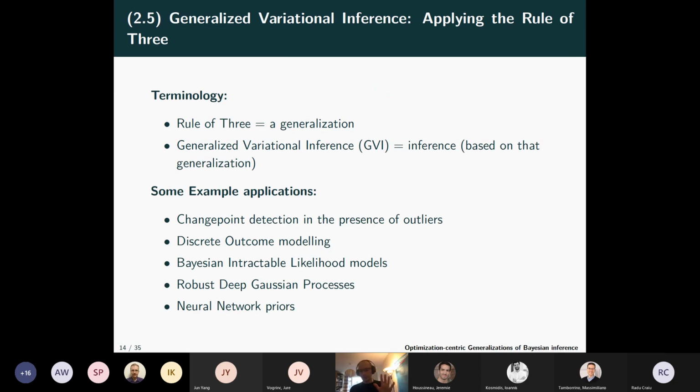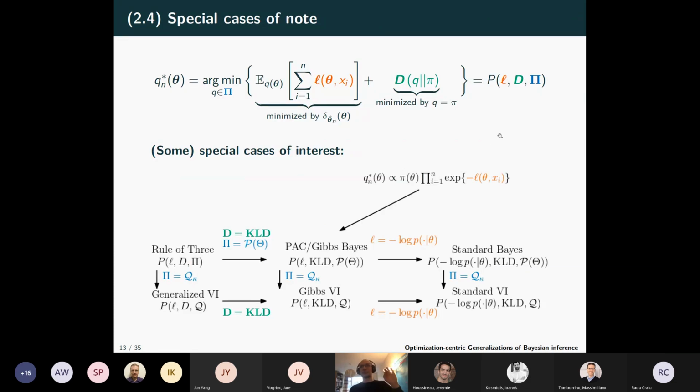Okay, so just to clarify terminology, so that it's not confusing: the rule of 3 is the abstract generalization that I've put on this slide. When I speak about generalized variational inference, I speak about this particular subcase, and that's the subcase that we can actually solve, because I can write down these problems and they look nice, but unless this term here somehow ensures that I can actually solve this problem in a practical manner on some real data problem, it's not immediately useful.